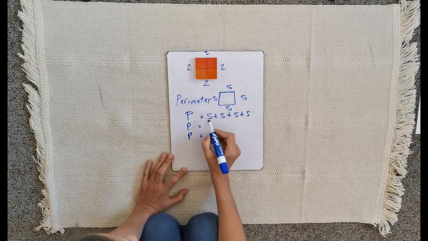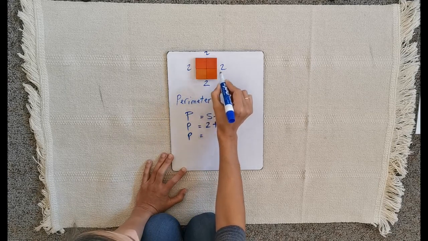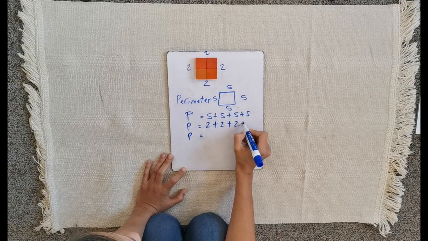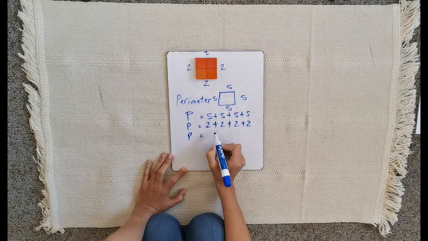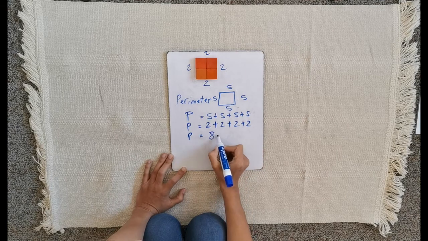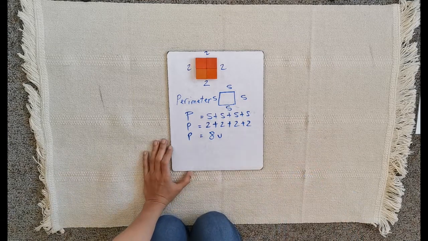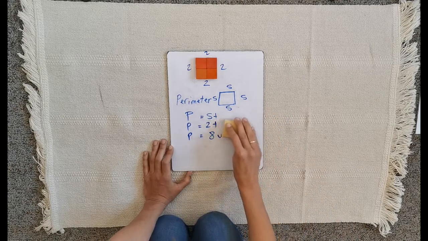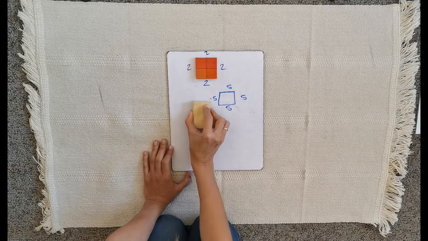Okay, so let's write the sides. 2 units plus 2 units plus 2 units plus another 2. 2 plus 2 makes 4. 4 plus 4, 8 units. Perimeter is kind of easy. Vale.